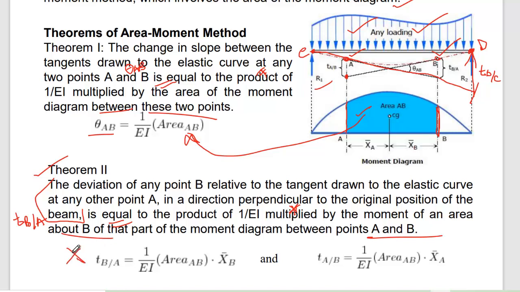X bar B, the distance from B to the CG point, of that part of the moment diagram between points A and B.